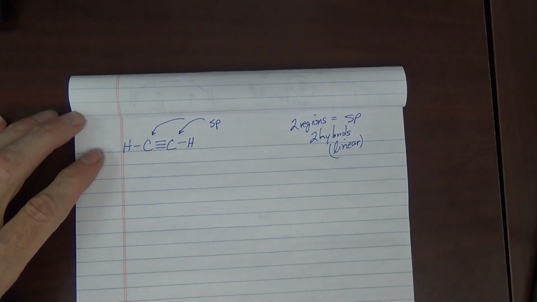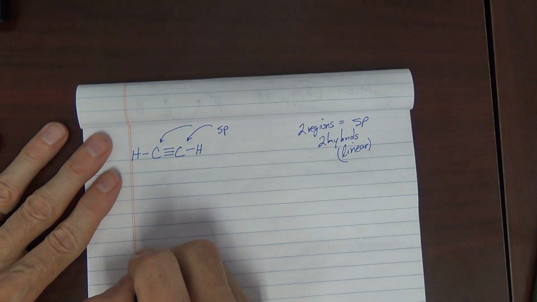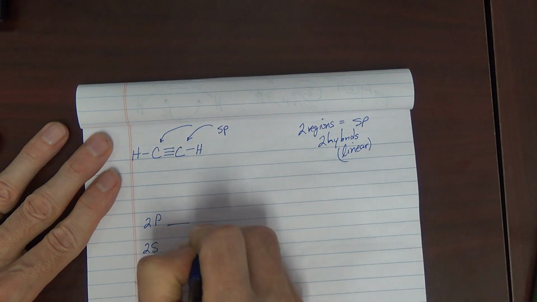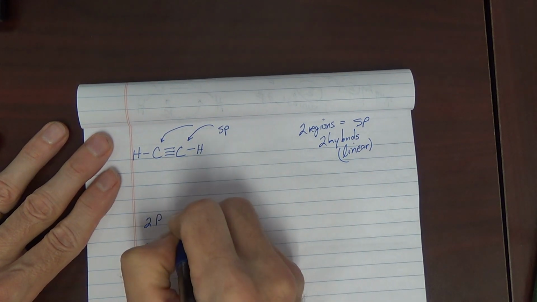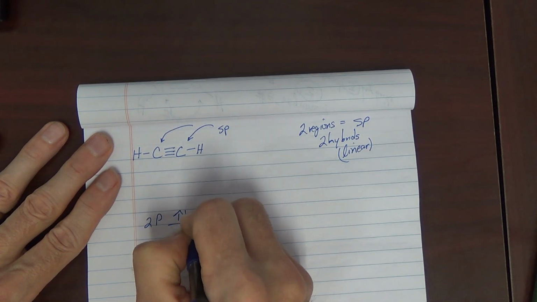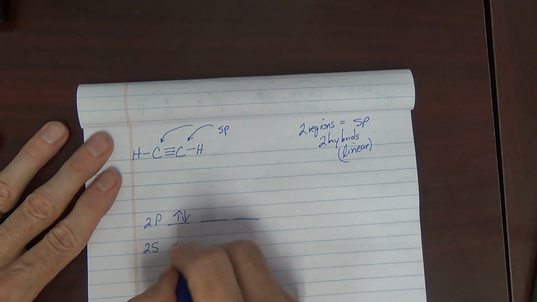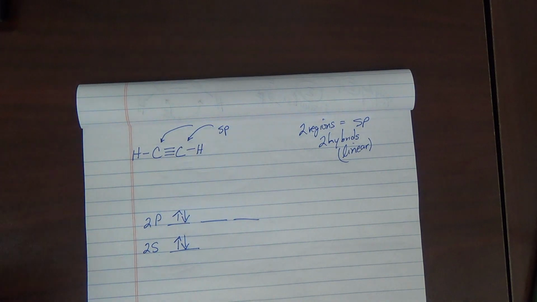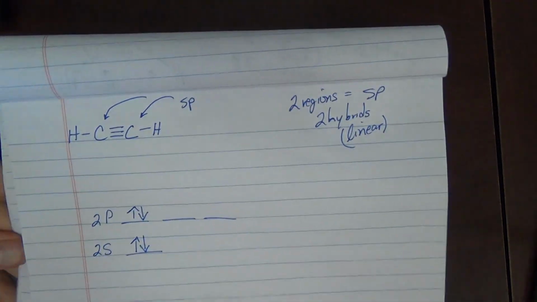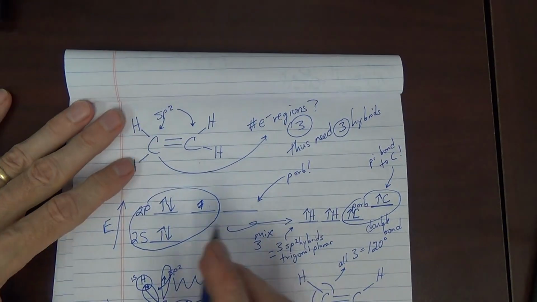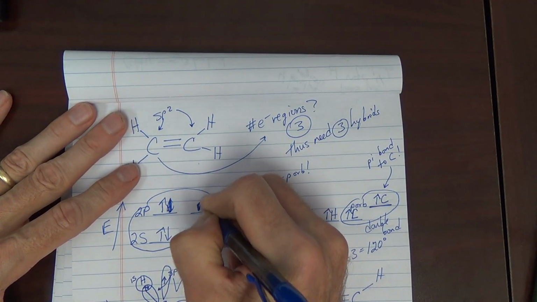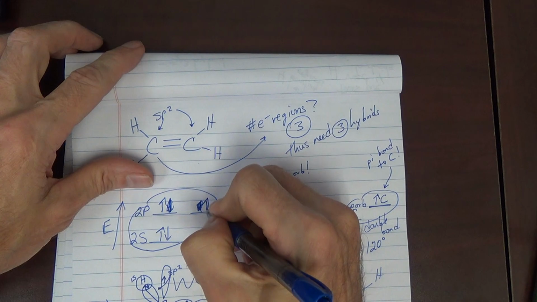Okay. Well, ground state configuration, 2s, 2p. And I see that I've been doing ground state configuration wrong. This should be over here. Doesn't matter for what we've been doing.